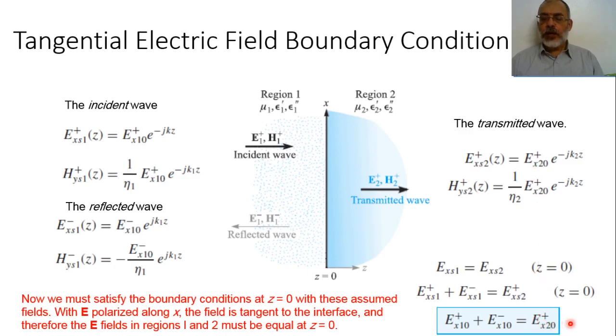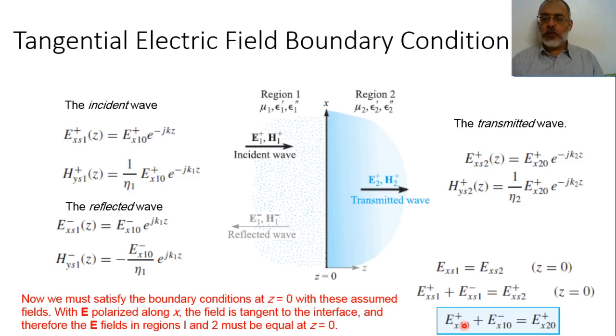So now we have a relation between the amplitude of the incident field, the amplitude of the reflected field, and the amplitude of the transmitted field. These are two unknowns in terms of the incident field.